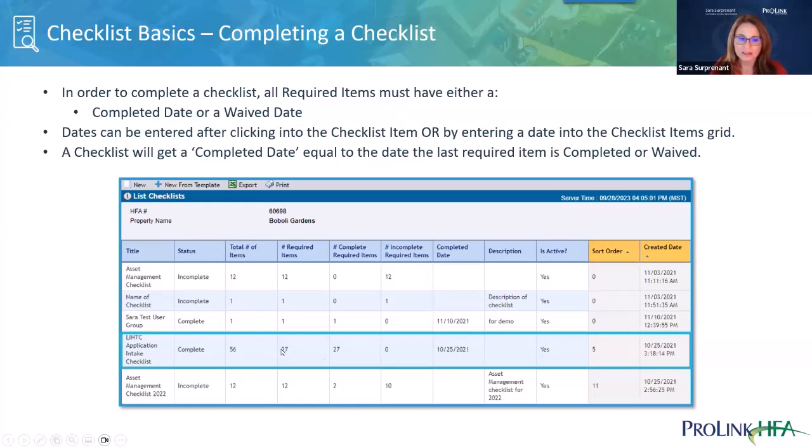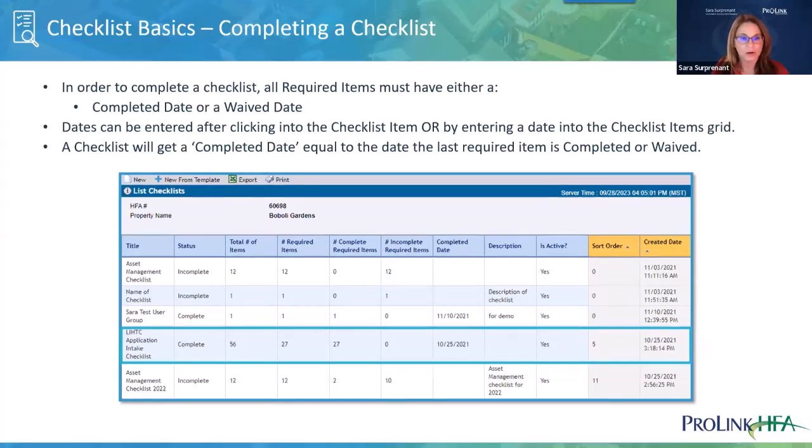So as long as the 27 required items are complete, and they have a completed date or a waive date, but they've been addressed, that checklist is going to show as complete on the list screen. This is also covered in help text, and we'll give you a link to that, or how to get to the help text, if you're not aware, when we're done with our PowerPoint.